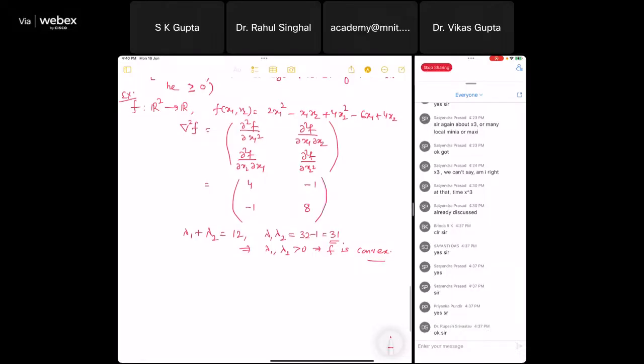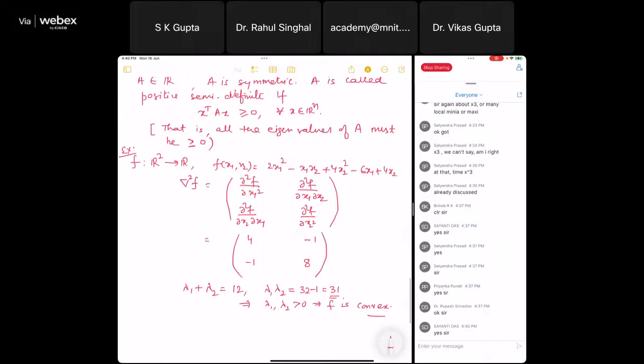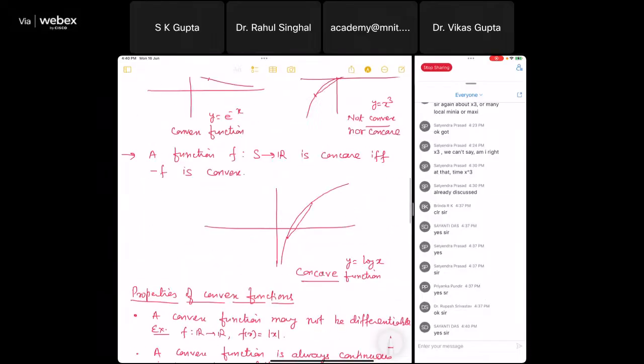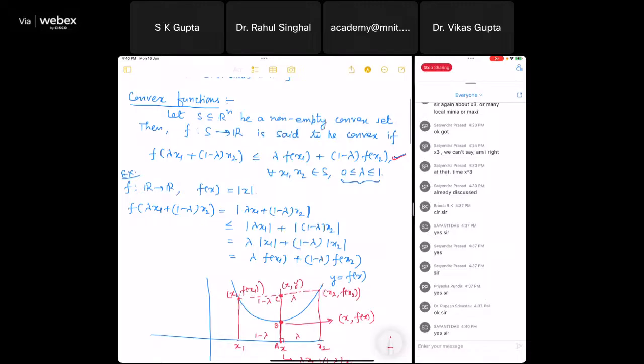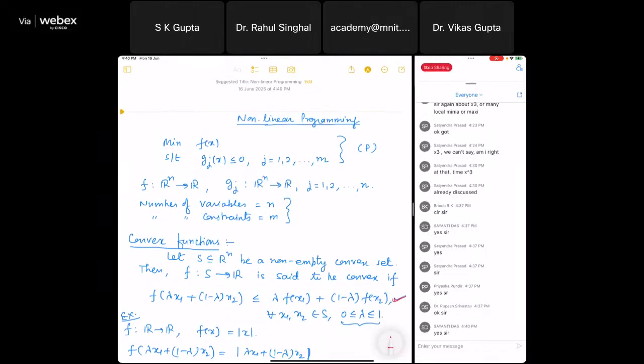Right. So now let us come back to our original problem, the nonlinear programming problem we were discussing. I asked you why convexity? Why are we giving so much importance to convex functions? See, we have some conditions. If a nonlinear problem satisfies those conditions, then we are able to find the optimal solution of this problem analytically or mathematically.